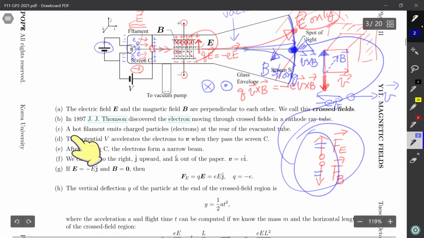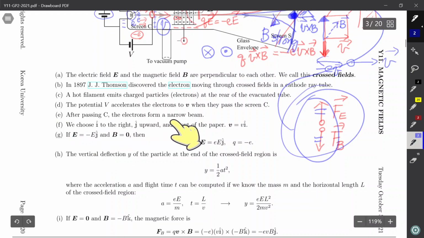Let's see. A hot filament emits charged particles at the rear of the vacuated tube. Electrons are emitted. A potential V accelerates the electrons to velocity v when they pass the screen C. This potential difference accelerates the electrons to move with the velocity v.